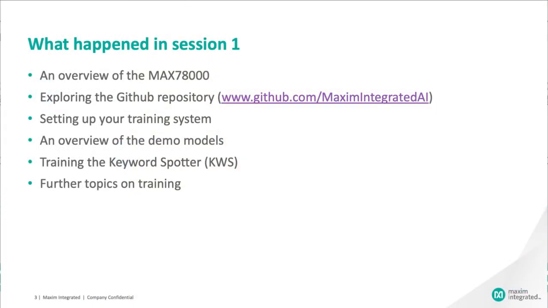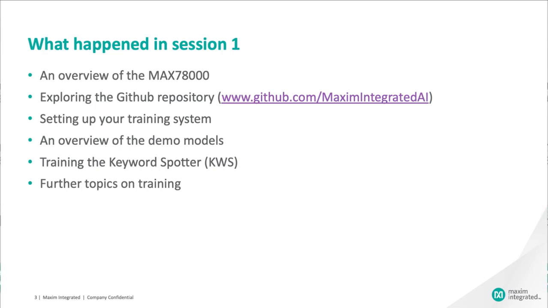Real quick, I just want to recap what happened in the first session. In case you're coming in new to this, there was a previous session that focused on getting oriented with the tools and documentation, and talked more about training models to run on the MAX78000. We went through an overview of the part. We explored the documentation repository on GitHub.